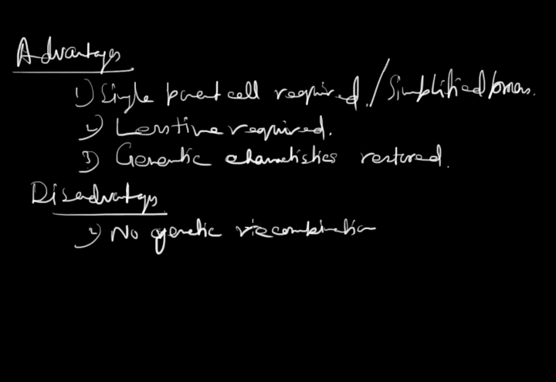As it does not involve 2 parent cells, there is no scope of gametic or genetic exchange, so no variety occurs. Therefore, it has no evolutionary implication as such. So these are the advantages and disadvantages of asexual reproduction.